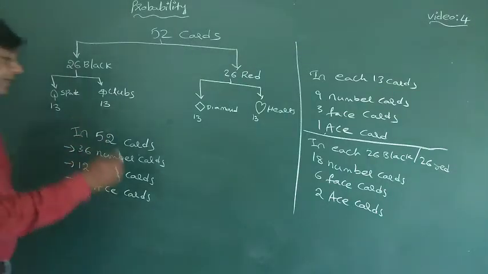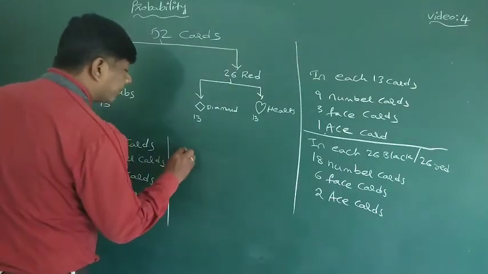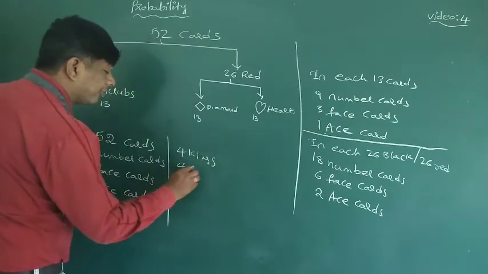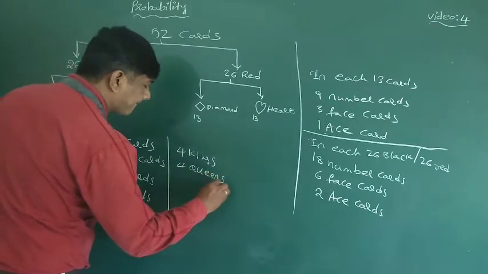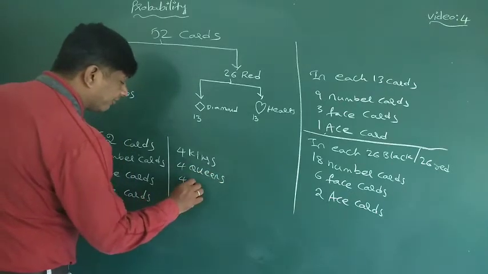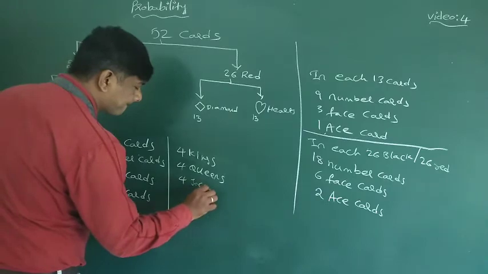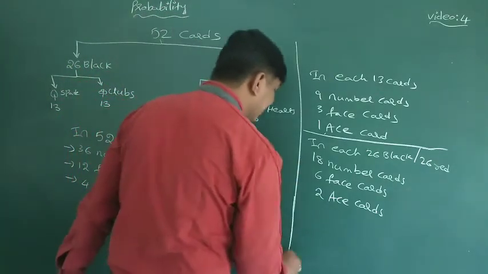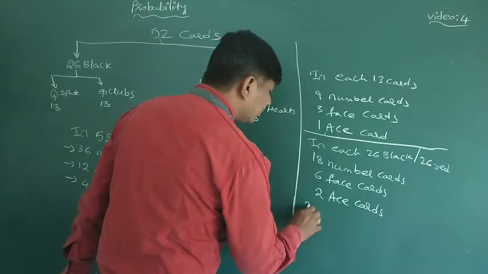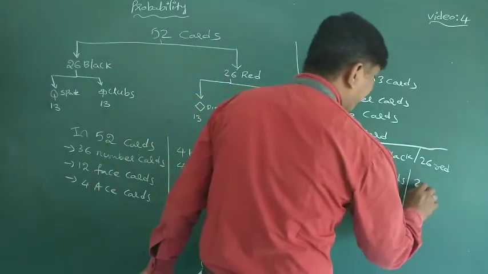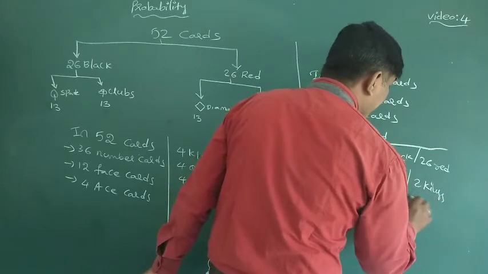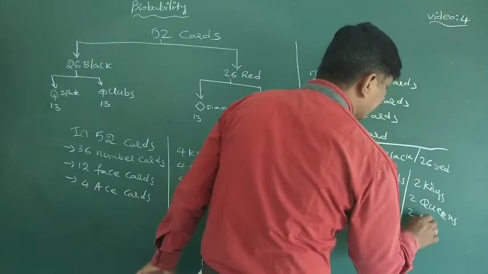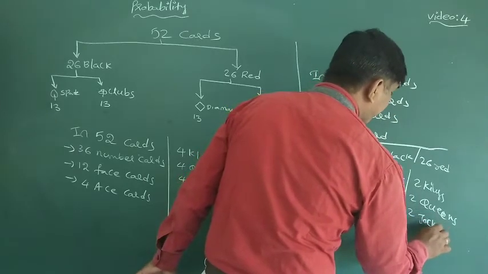In this 52 cards, 4 kings, 4 queens, in this 12 face cards, 4 jockeys. Whereas in 26 cards, how many will find out? 2 kings will find, 2 queens, 2 jockeys.